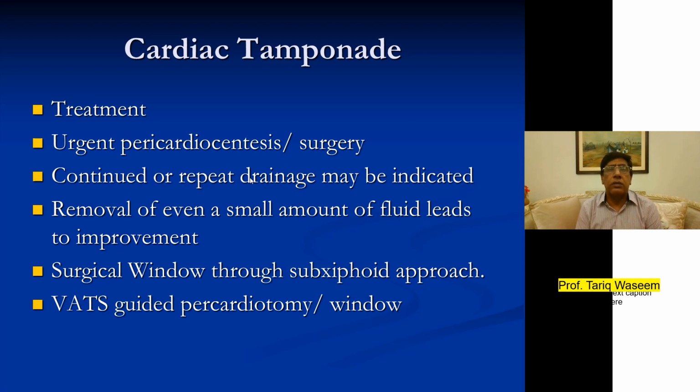And after that, you may create a surgical window through a subxiphoid approach, and sometimes video assisted thoracoscopy guided pericardiotomy or pericardiectomy, or making a window can be considered as an option.